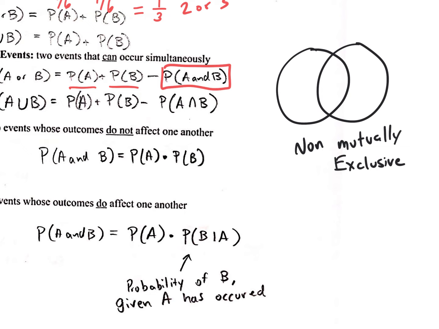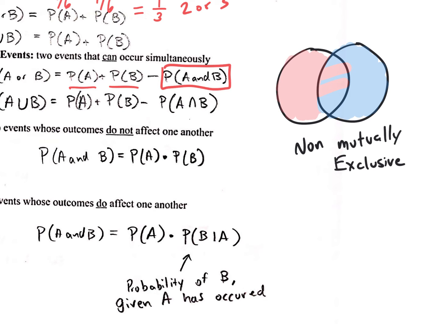The likelihood that event A happens is here in red, and the likelihood that event B happens is here in blue. What you may have noticed is that this middle section is both red and blue.